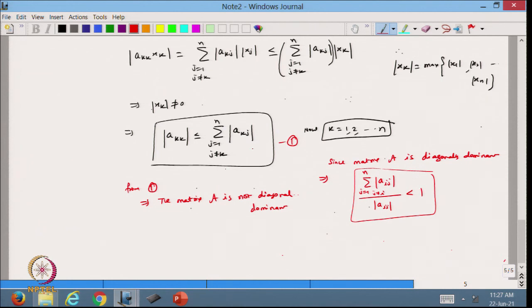So based on this condition I can say that 1 is not diagonal dominant, which is a contradiction.